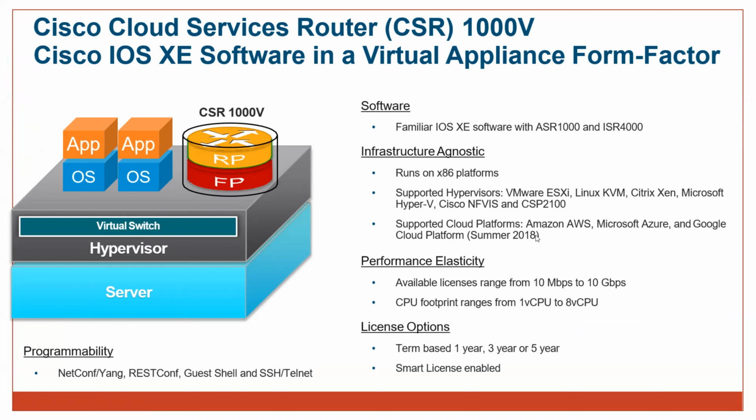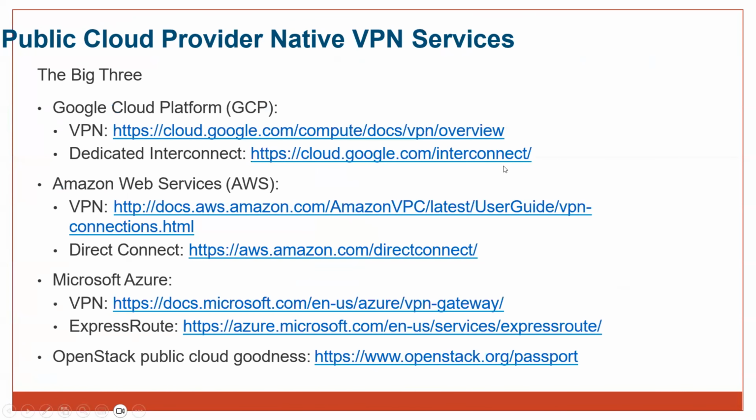Generally, this CSR 1000V is utilized, or other products are also there, such as Cisco Viptela vEdge, Virtual Edge, that we can also host. Let me quickly show you different types of architecture with different cloud providers. Later on in your study, you can check these links. These are very much like the doc section for the VPN and dedicated interconnections.